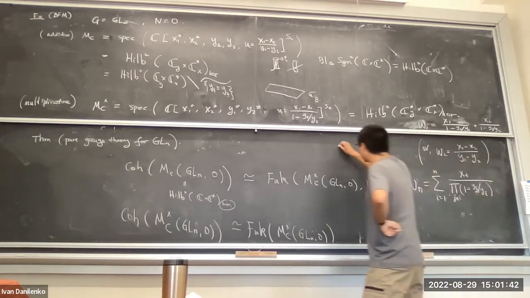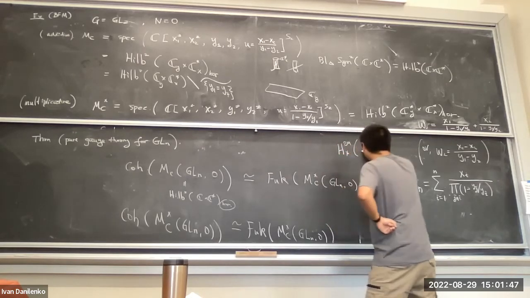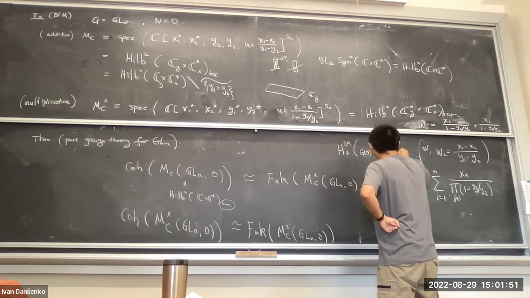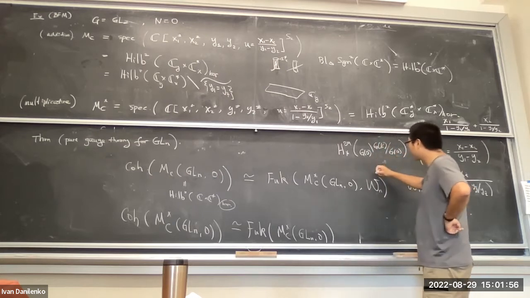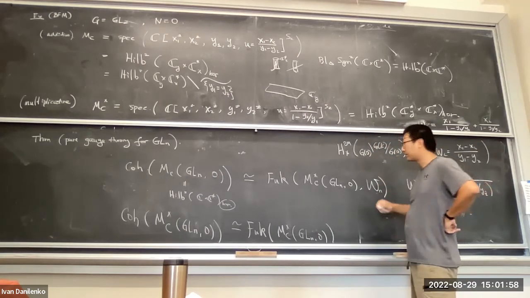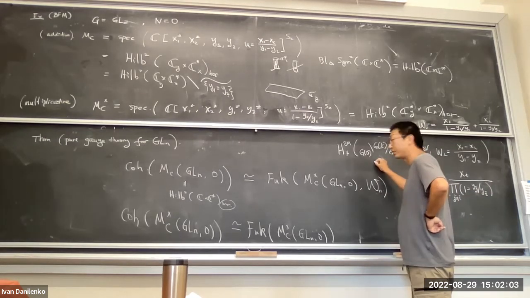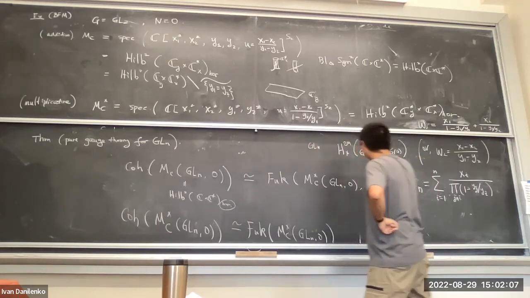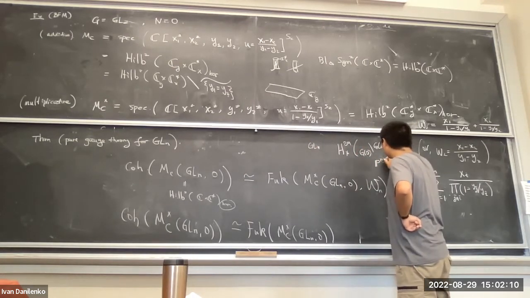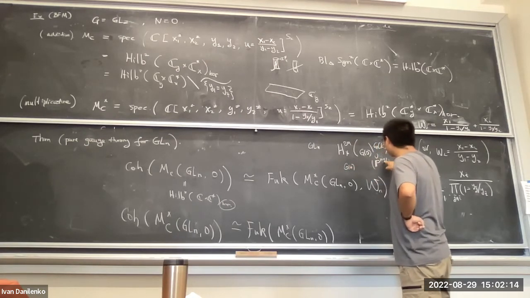So when you compute this, there's a closed orbit that corresponds to P. There's a dual orbit from here, and it's P minus 1.